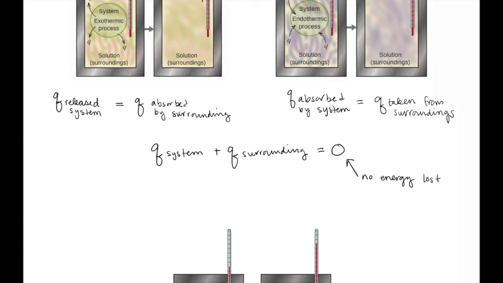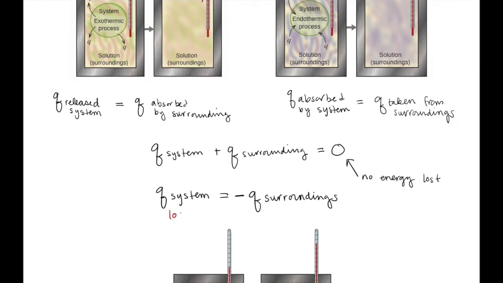So if I rearrange this, what I'm going to see is the energy change for the system is going to be equal to the negative of the energy change of the surroundings. That's going to mean it's the same amount of energy, but we're going to have a negative sign here that means that the direction of the flow of energy is the opposite.